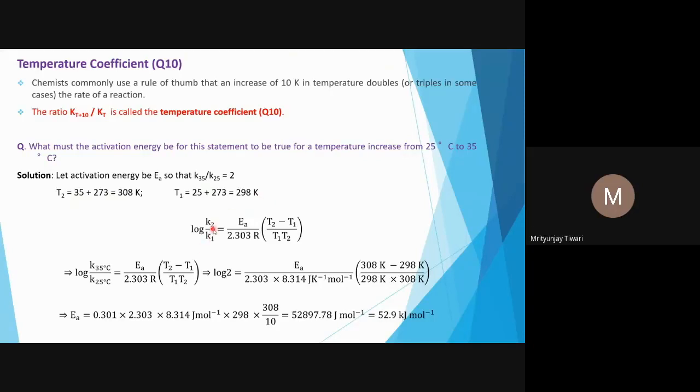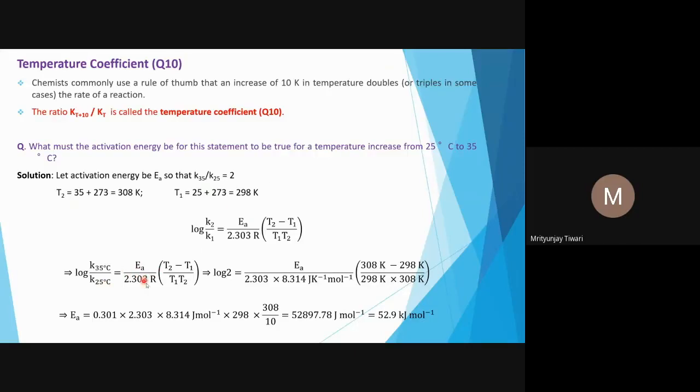So one can write log K2 by K1, as we saw in the previous equation, is equal to EA upon 2.303 R, T2 minus T1 upon T1 into T2. And now the log K35 degree centigrade divided by K25 degree centigrade, this value we know is K35 by K25 = 2.